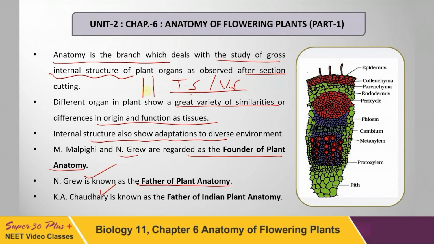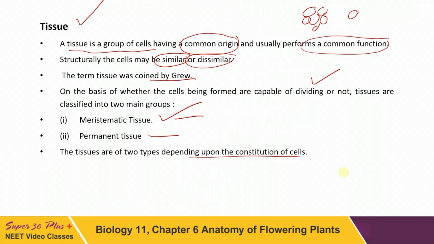Transverse section is a thin slice cut across the long axis of the plant. In case of leaf, we study anatomy by cutting vertical sections. Then remember the father of plant anatomy, and the study of anatomy helps us to study adaptation to diverse environments. Right? Come to the next now.